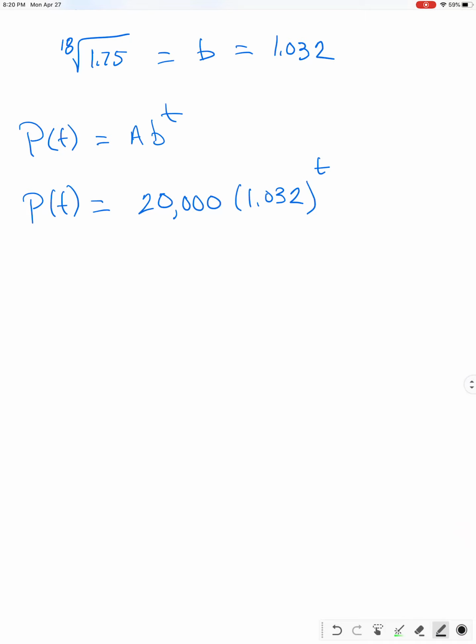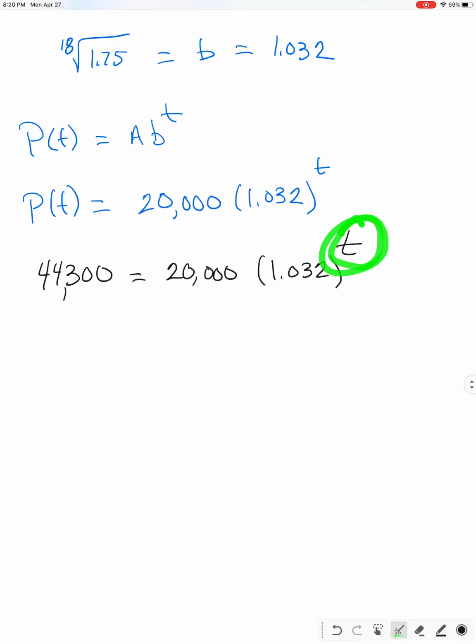Then the problem asks how many months it will take for the population to reach 44,300. So the population is 44,300, and that's equal to 20,000 times approximately 1.032 raised to the t. Now my job is to solve this for t. So how do I do that? I'm going to divide both sides by 20,000.